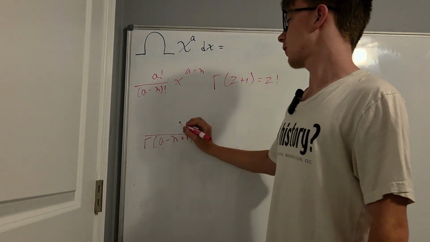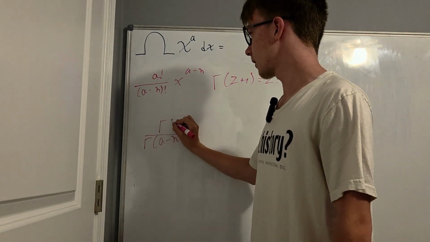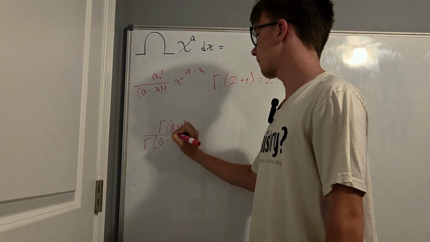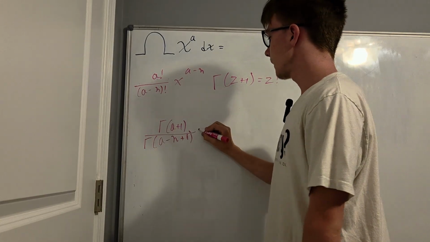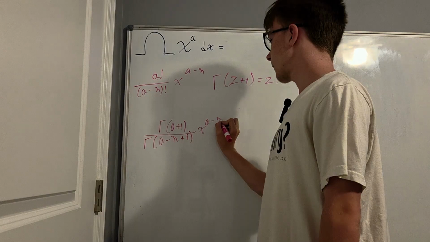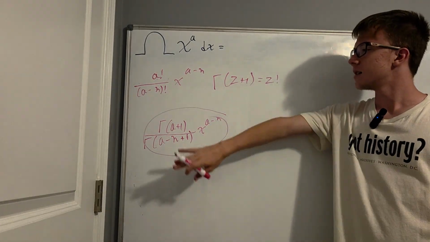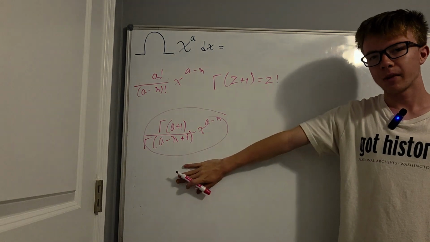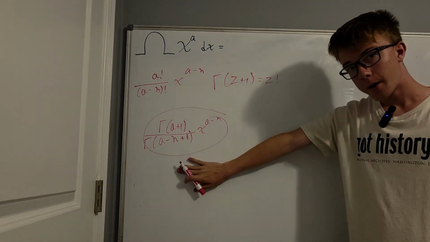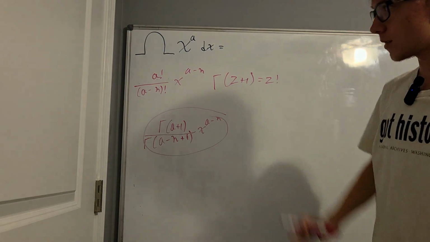That's fine. I can deal with that. Now the numerator, a plus 1, gamma of a plus 1. On the outside, it's still a minus n. See? Sometimes you have to bring in external things to make this work. But that's how this looks.